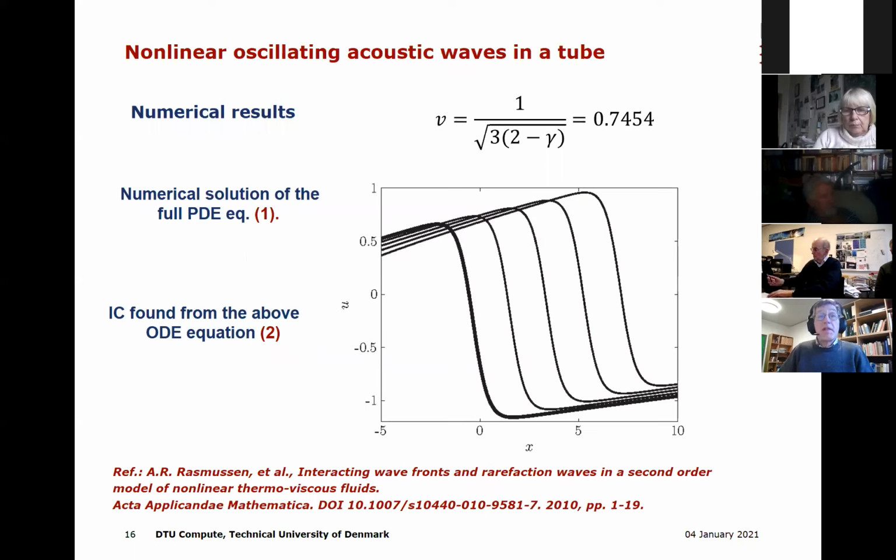So what we did is that the equation for capital phi we solved numerically, because all these transformations forth and back was a little bit cumbersome. So we just did it numerically, and this is the initial condition you see here as it's used as the initial condition for the solution of the full PDE, weak acoustic wave equation, and this is the fat line here.